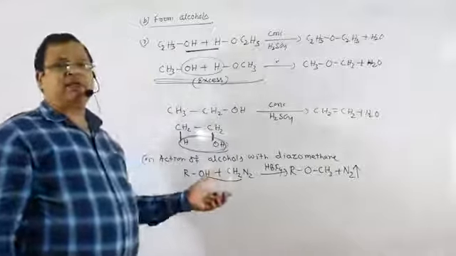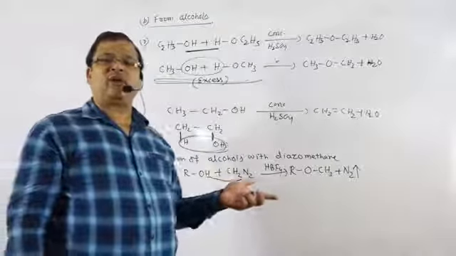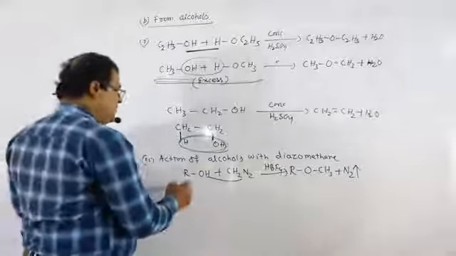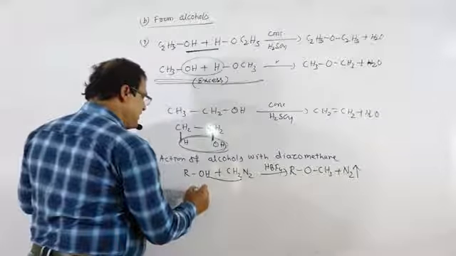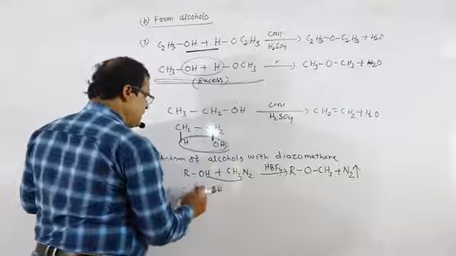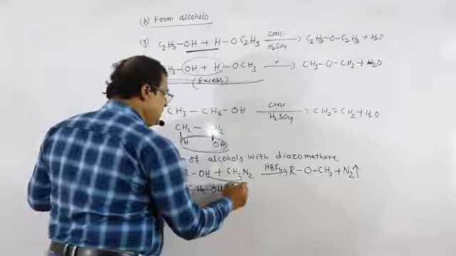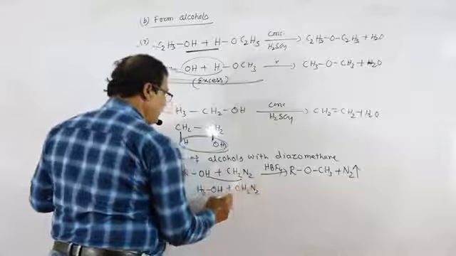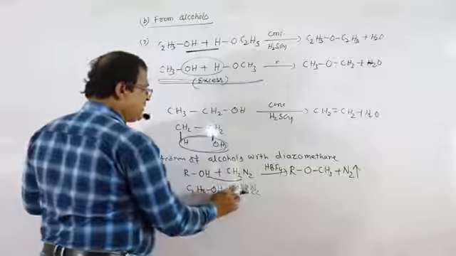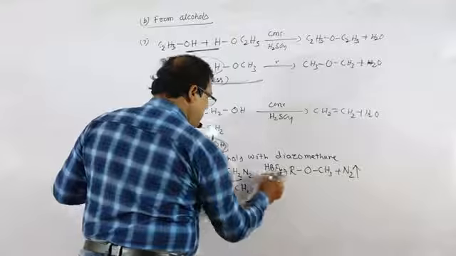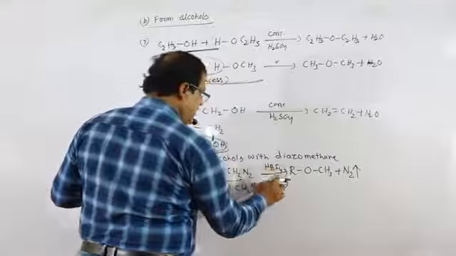By this method, both symmetrical and unsymmetrical ethers can be prepared. For example, C2H5OH treated with CH2N2 in the presence of the same reagent, HBF4.